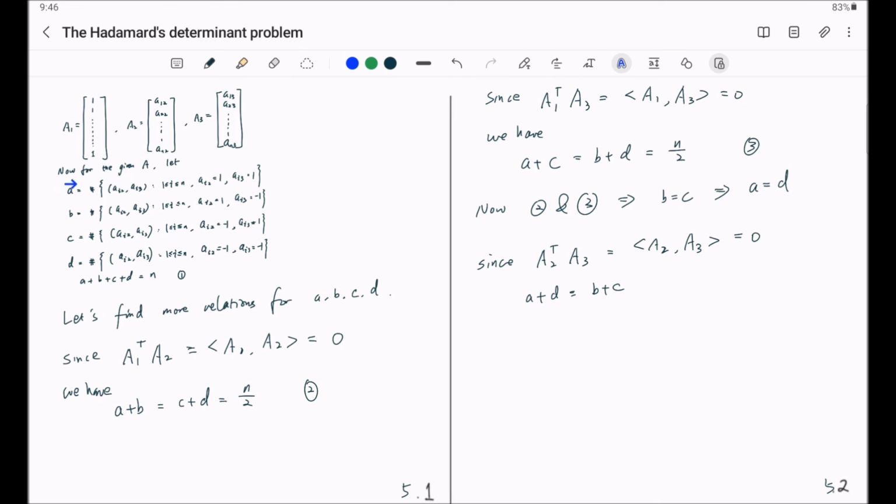Because in the situations A or D it is 1 times 1 or -1 times -1, and in the situations B or C it is 1 times -1 or -1 times 1. So in order to make sure they cancel out and give us 0, A plus D must be equal to B plus C.